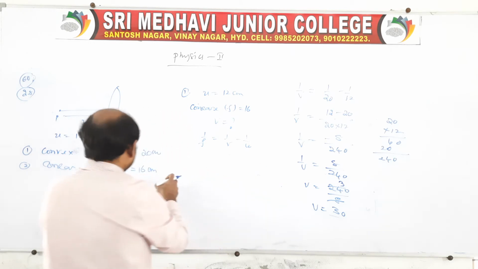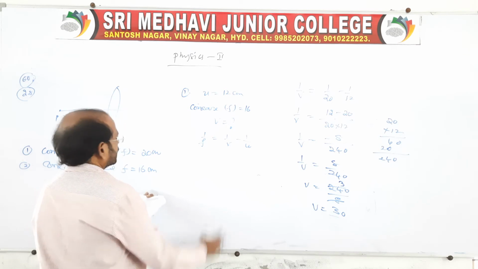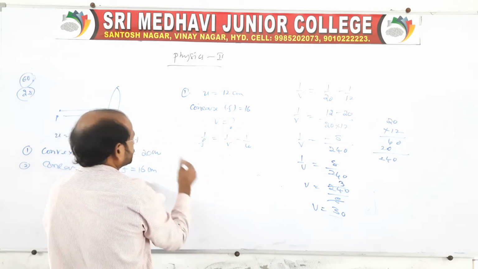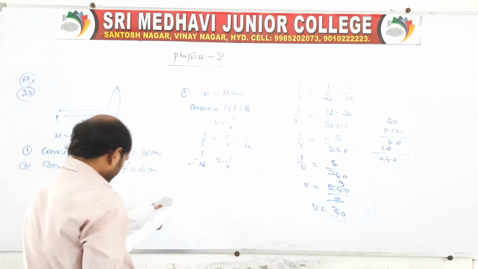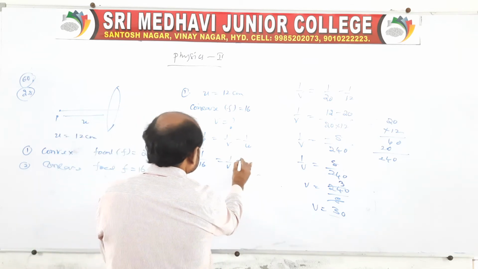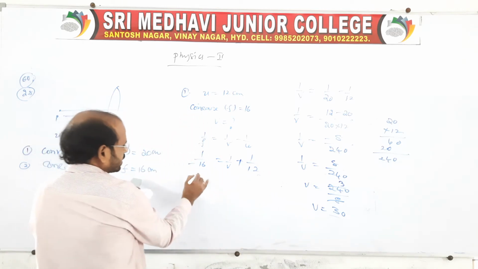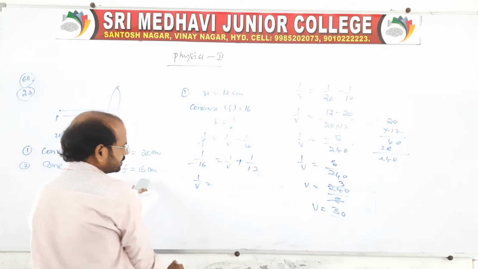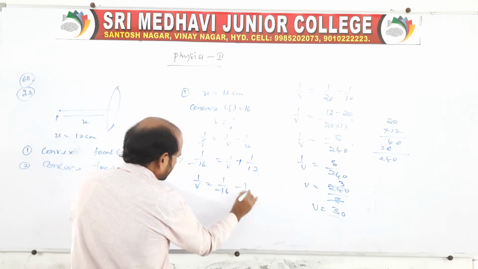Here you write. Of course, f will be taken as negative, because it is measured at the virtual focal point. So minus 16, 1 by v, and here also the object distance will be 1 by 12. So here 1 by v is equal to 1 by minus 16 minus 1 by 12.